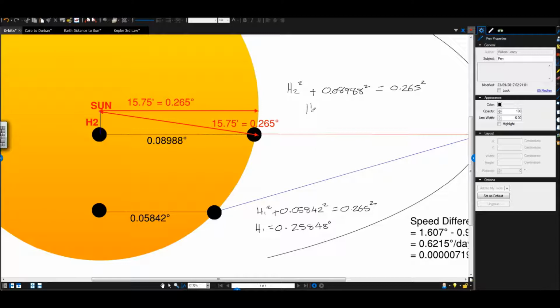So that means H2 equals 0.265 squared minus 0.08988 squared, square root. I'm getting 0.24929.